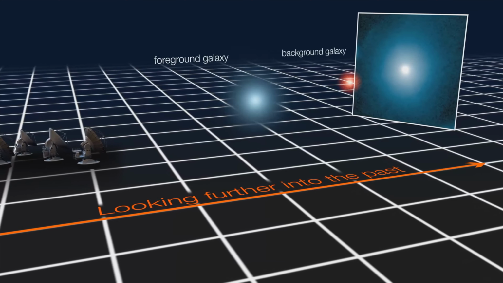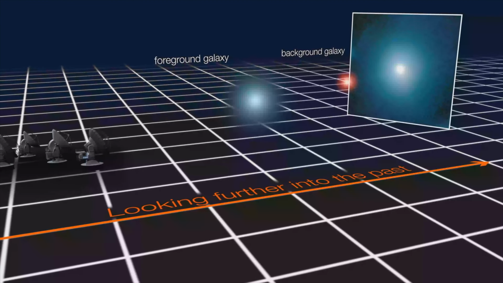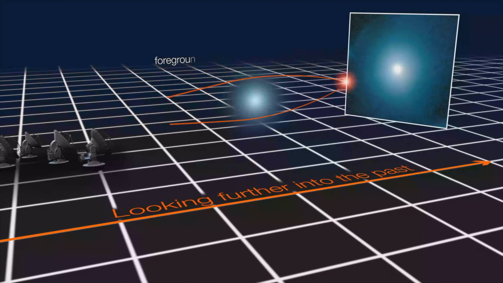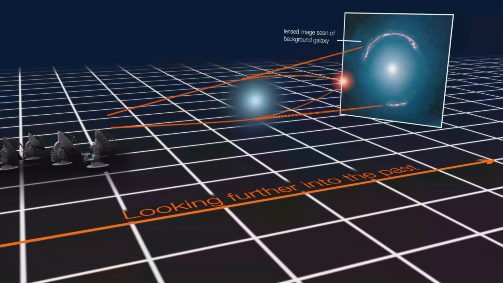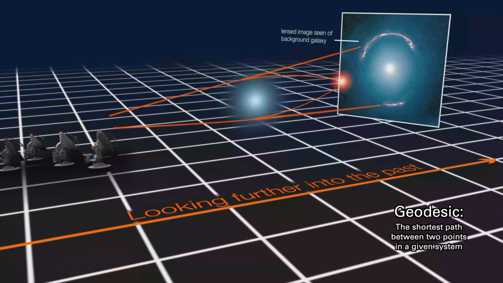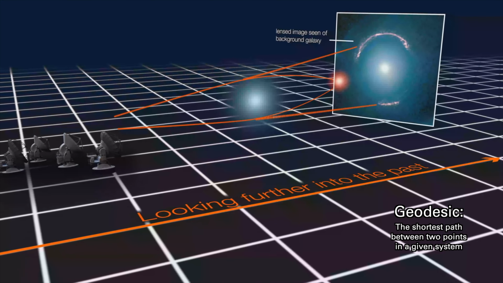Gravitational lensing happens when you have a massive object, like a galaxy or a galaxy cluster. This massive object can distort the space-time around it, and also distorts the null geodesics along which the light travels. So if you have a background source and a foreground massive object, the background source will appear distorted in the sky.